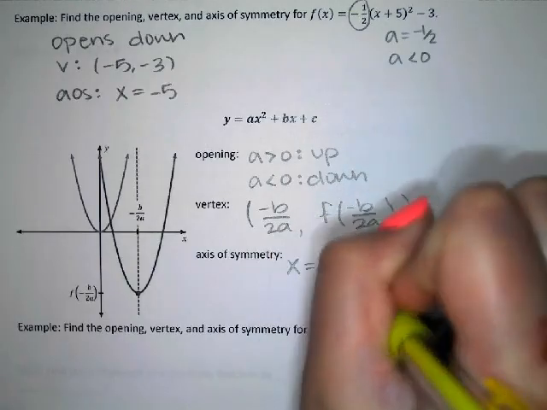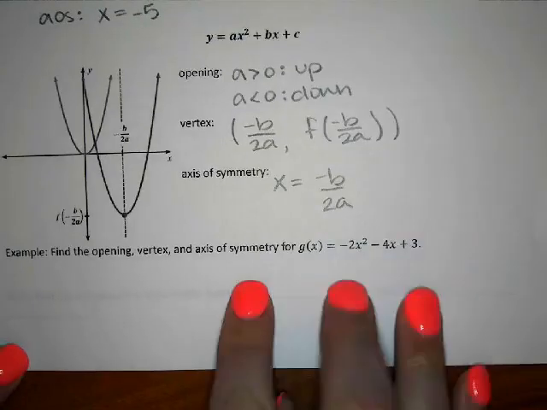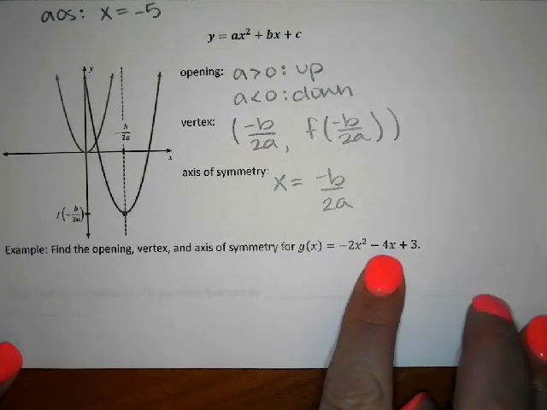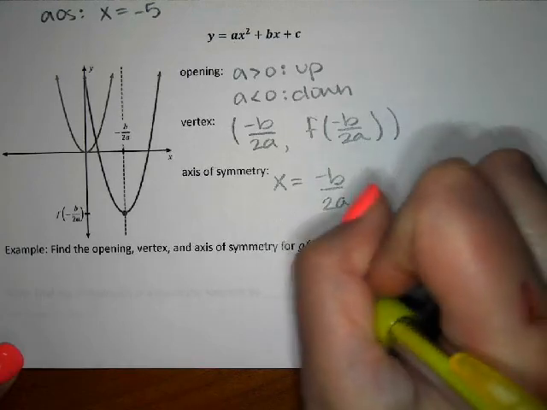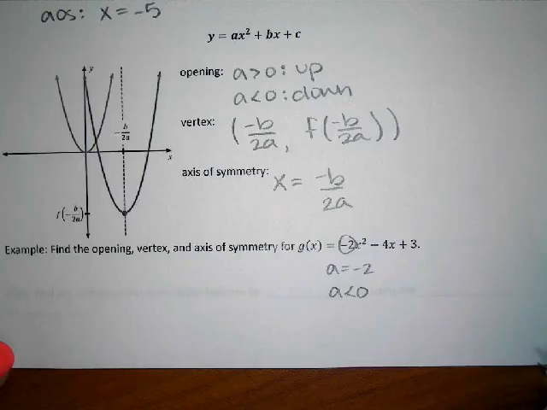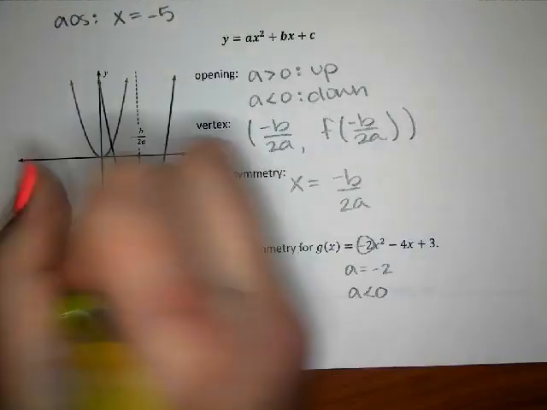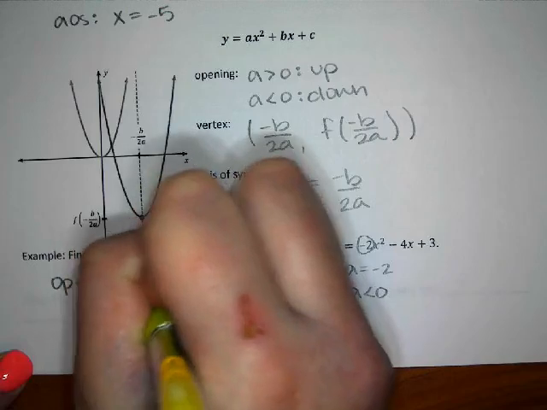Okay, so for this example down here that's written in the standard form, our a value is negative 2. Since a is less than 0, that means that this graph opens down as well. The b value is negative 4.